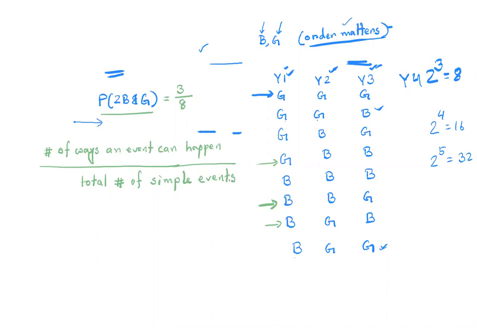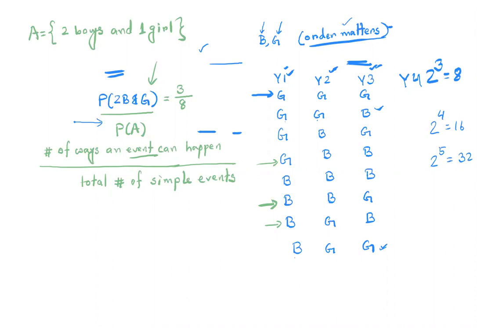Look at this particular event. What is the event? My event, let's call it A, is that the couple gives birth to 2 boys and 1 girl.